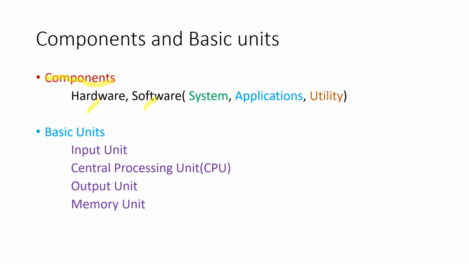Another example is the operating system, and the most commonly used operating systems are Windows, Unix, Mac, etc. And we can see that software can be further classified into three different types: system software, application software and utility software. System software is mandatory for all computer systems to work properly. An operating system is one of the system software, and without it we will not be able to use a computer.